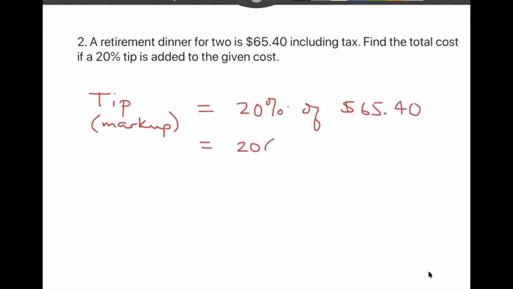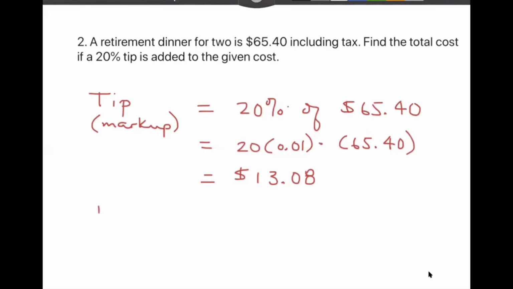20 times 0.01 times 65.40. That comes out to $13.08. So this time they're only asking for the total cost. So I'm not going to give the tip separately as an answer.